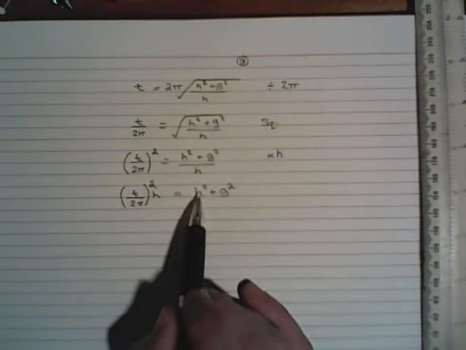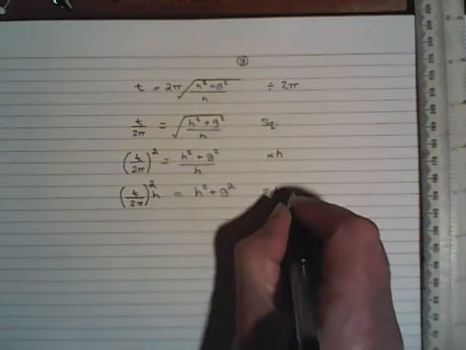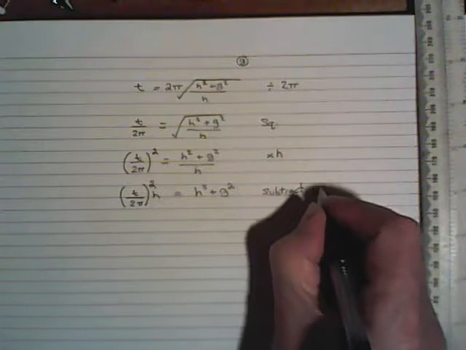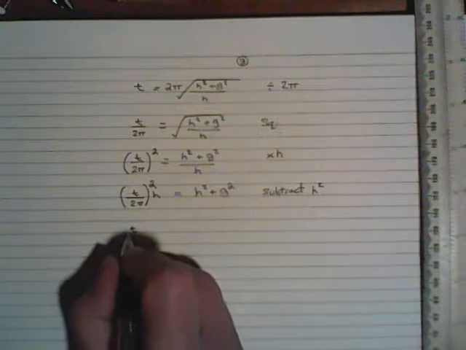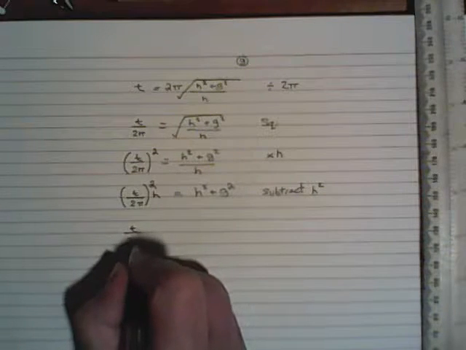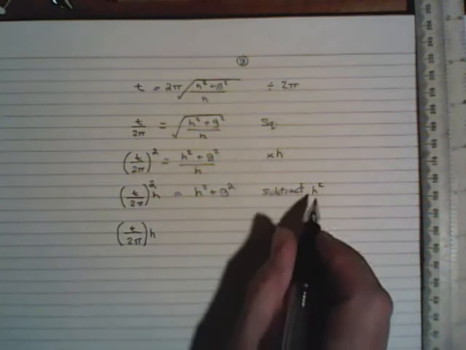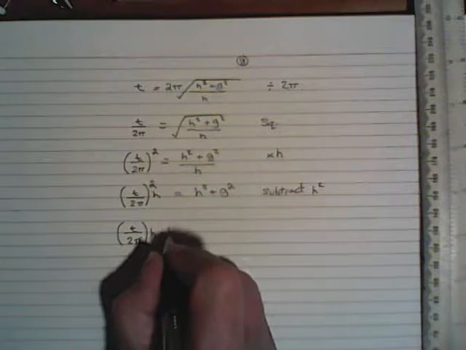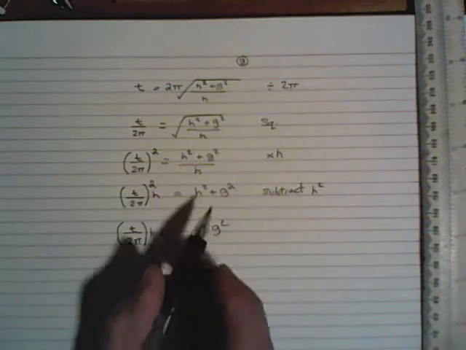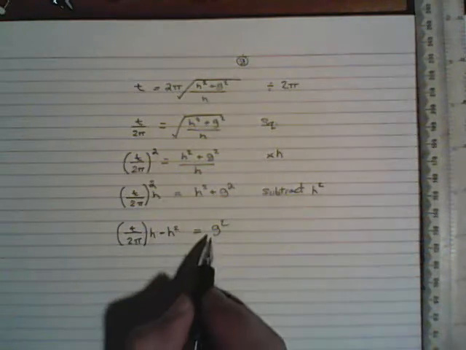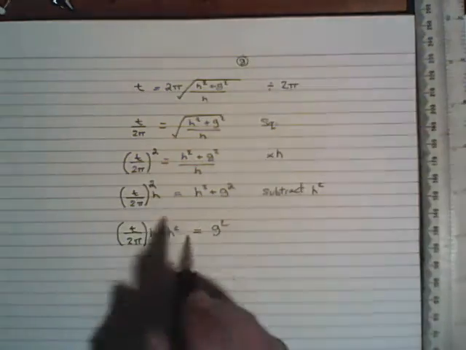So if I subtract h squared from both sides, we then end up with, let me put it down here, t over 2 pi squared times h, which was what was there, minus h squared equals g squared. We've subtracted this h squared from here, so that just leaves g squared on its own. So there, now we're getting much, much closer to this g that we're trying to look for.